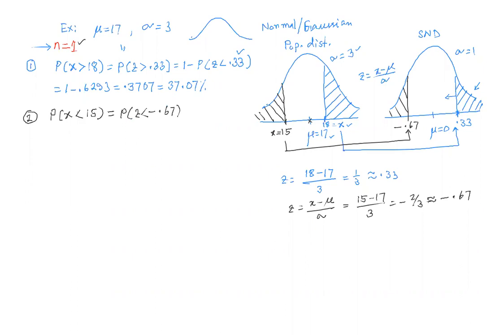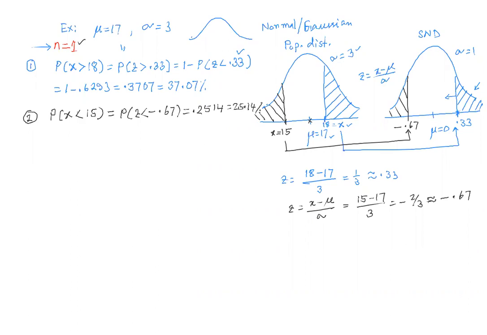Now we can find it easily by looking in the table: z equal to negative 0.67 gives the value 0.2514, which is 25.14%.